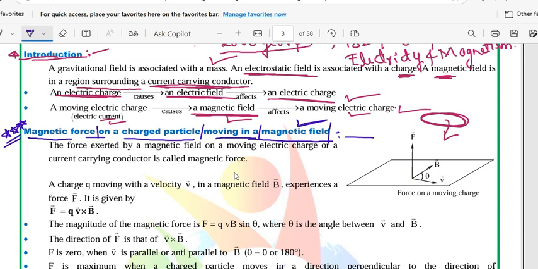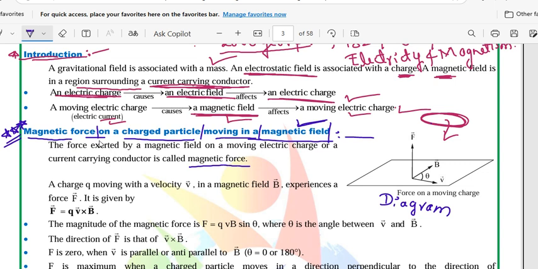Now coming to the picture, force on a moving charge, the diagrammatic part, this is a diagram you can see here. Now, the force exerted by a magnetic field on a moving electric charge or a current carrying conductor is called a magnetic force. The first thing is magnetic force.